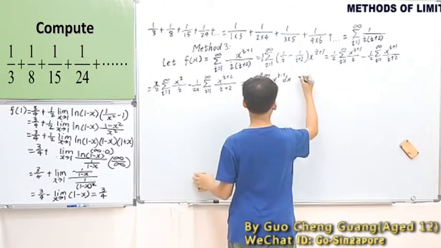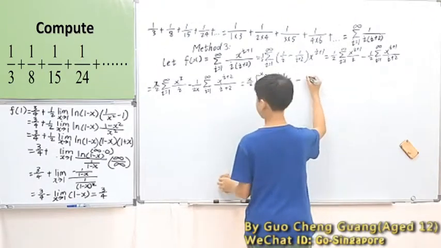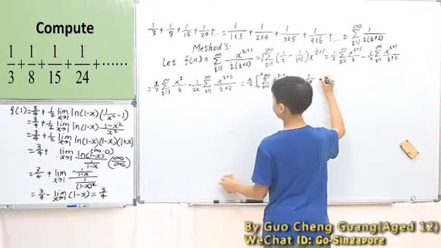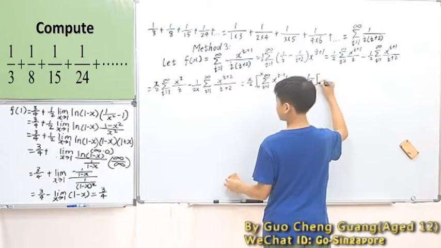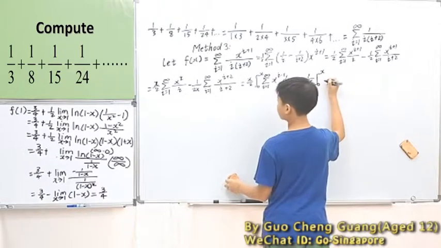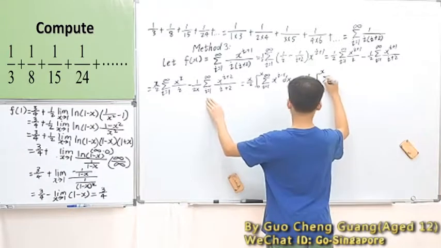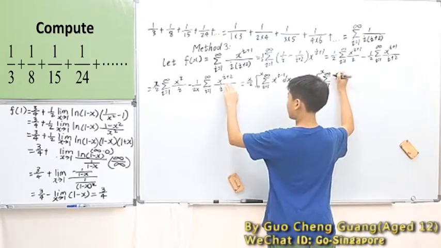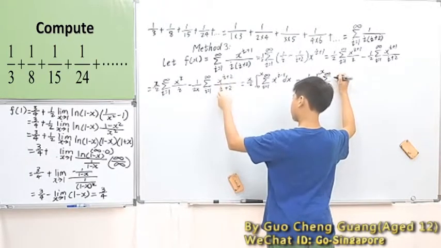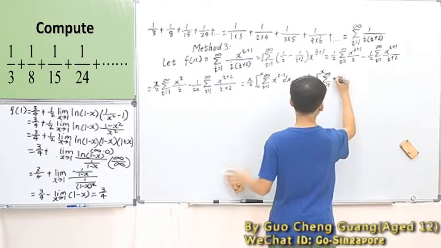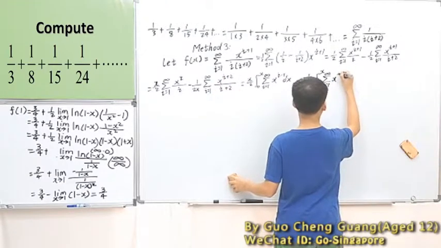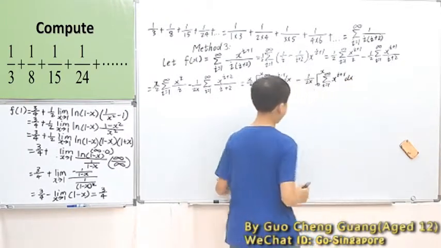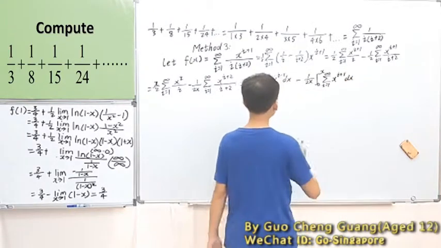This part at the back, minus 1 over 2x, then integrate 0 to x, sigma still stays the same. And here this power simplifies with this again, so it becomes x to the power of i plus 1, then dx.